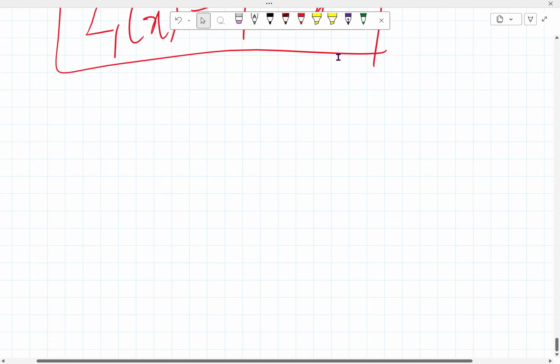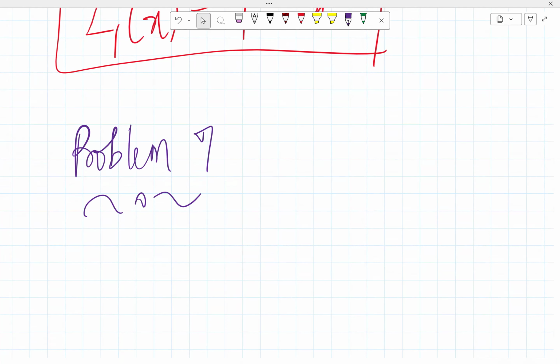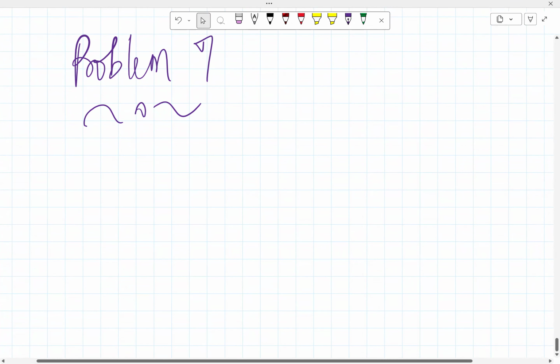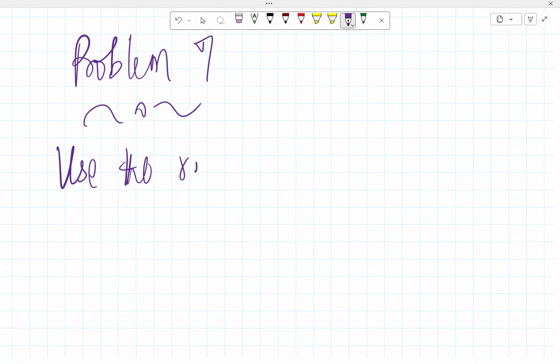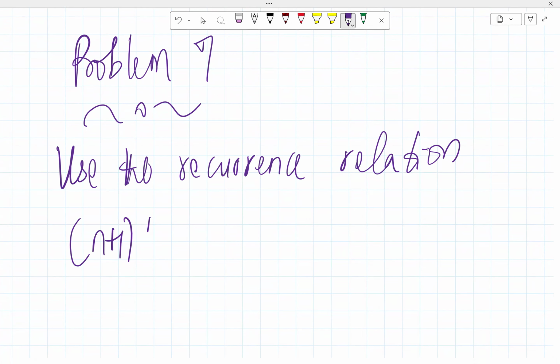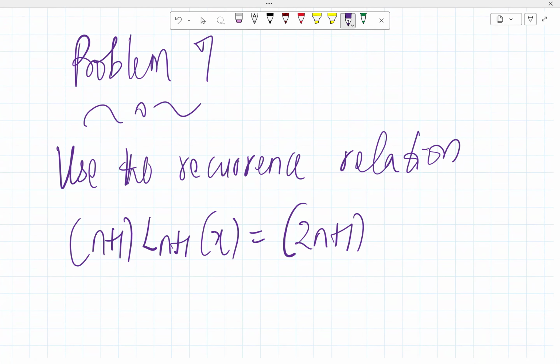So problem 7 says to use the recurrence relation: (n plus 1) L sub n plus 1 of x equals (2n plus 1 minus x) L sub n of x minus n L sub n minus 1 of x.